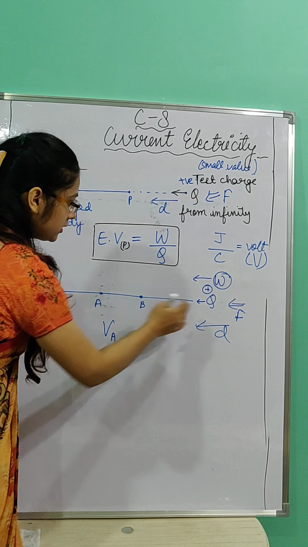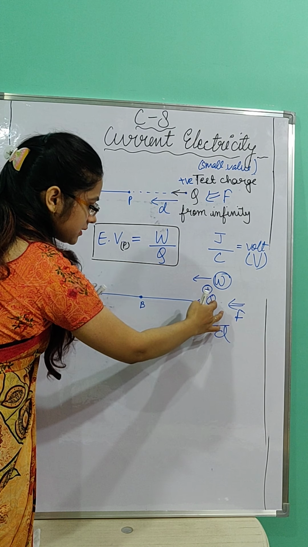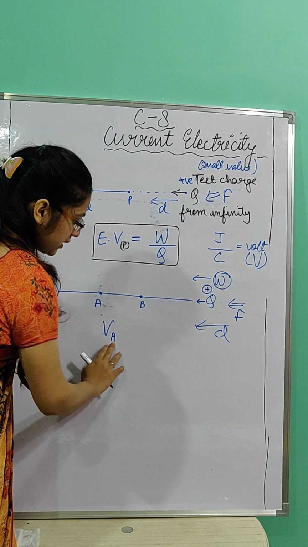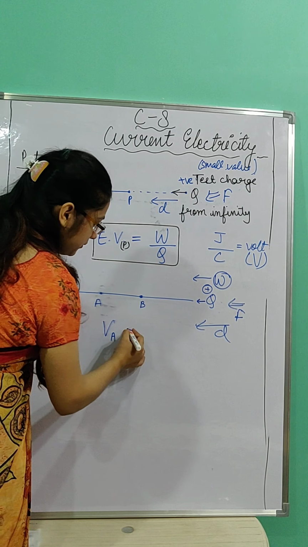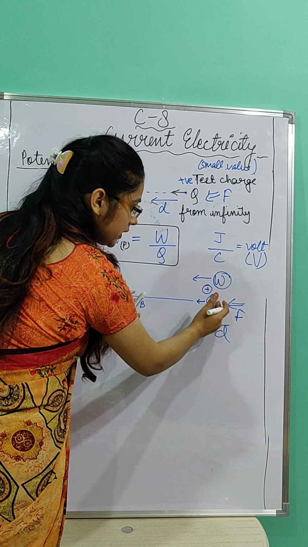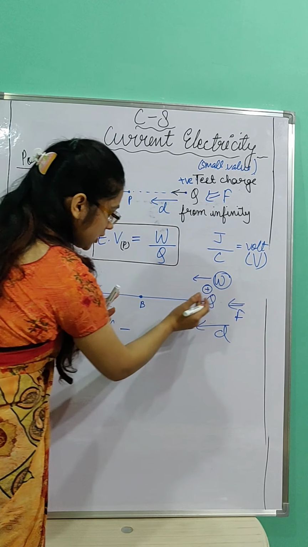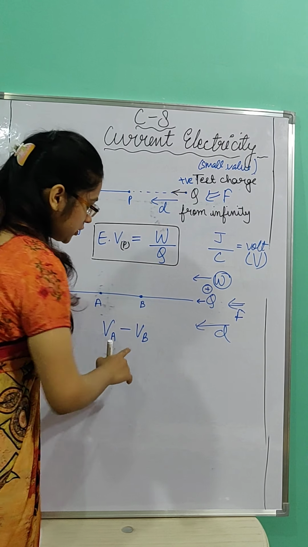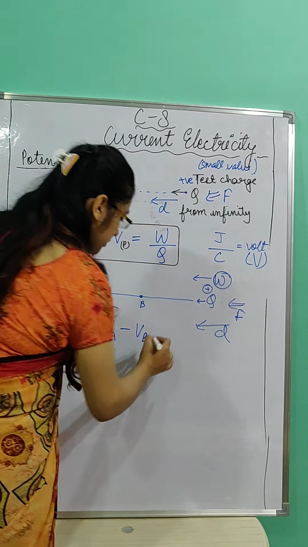So I am writing here, I am only taking this condition, moving this test charge to point A can be written as the electric potential at point A, minus the work done in moving the positive test charge to point B. At this point B, what will be the electric potential? It will be represented by VB.